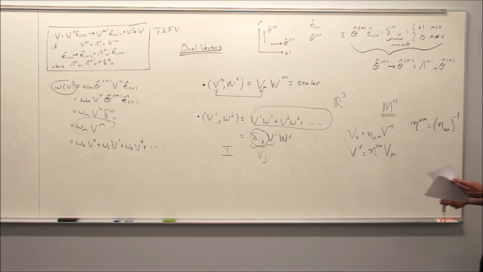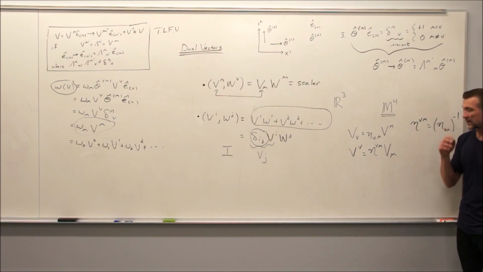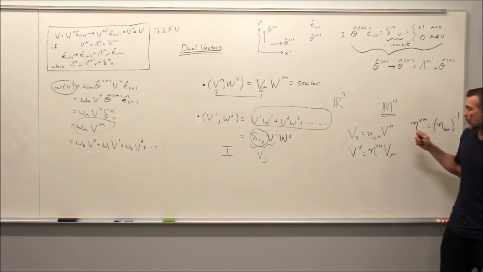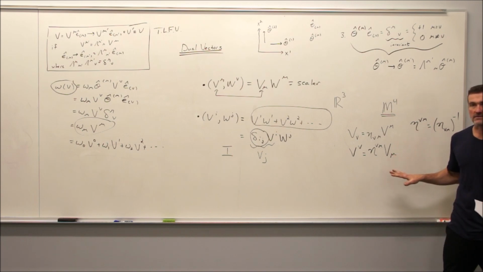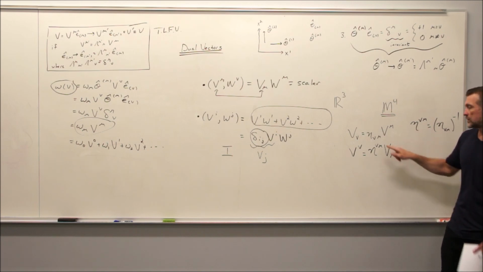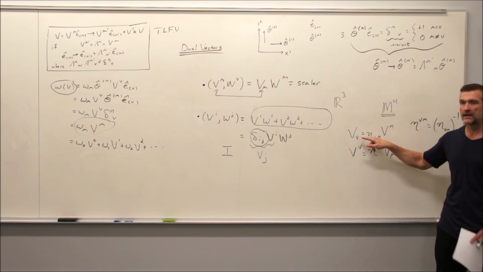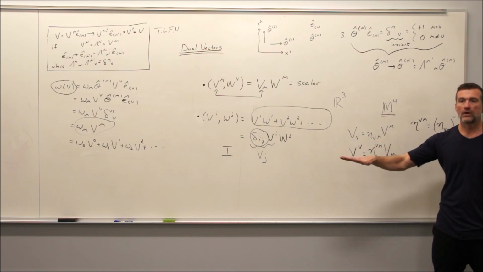All right, so that's all we've got for today. The one thing that I want to point out, which people get really, really confused about, and I'm going to say this now: I want you to notice in these expressions, there are no primes. When you use the metric to go from a vector component to a dual vector component, that's all happening in one coordinate system.